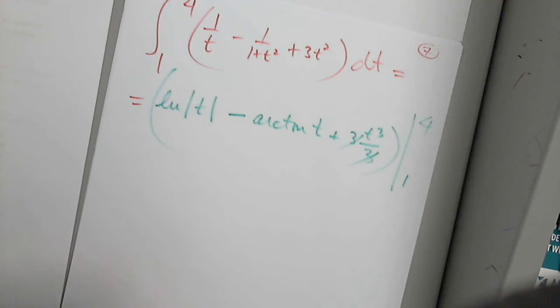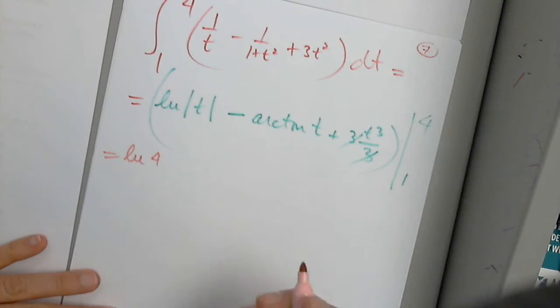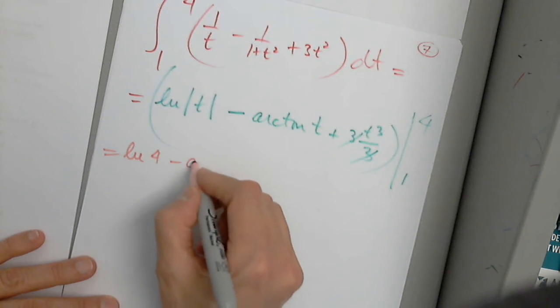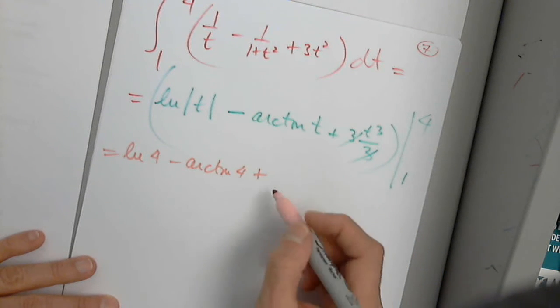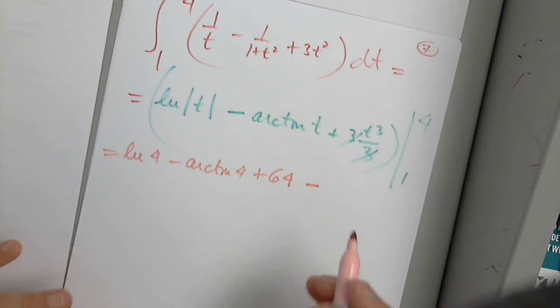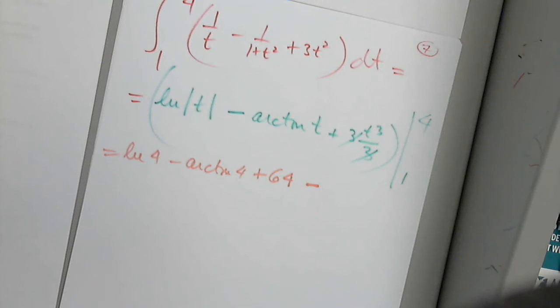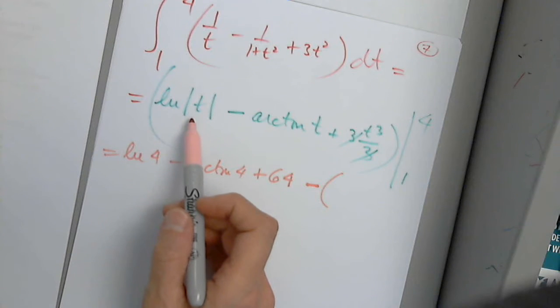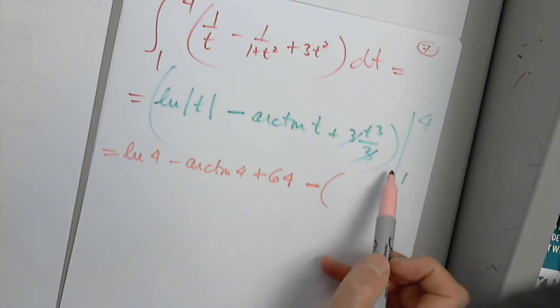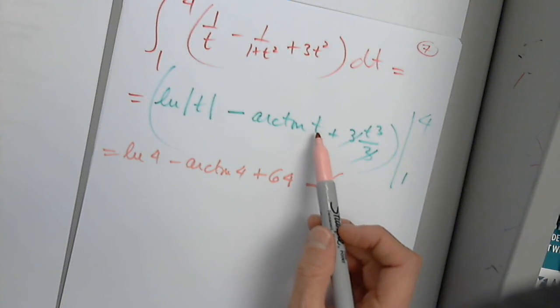By the fundamental theorem of calculus part 2, we plug in 4. So this is natural log 4, no need of absolute value, minus arc tangent 4, plus 4 cubed, which is 64, minus, when we plug in 1. When I plug in 1 in natural log t, what do I get? 0. Perfect. When I plug in 1 in arc tangent, I get an angle.